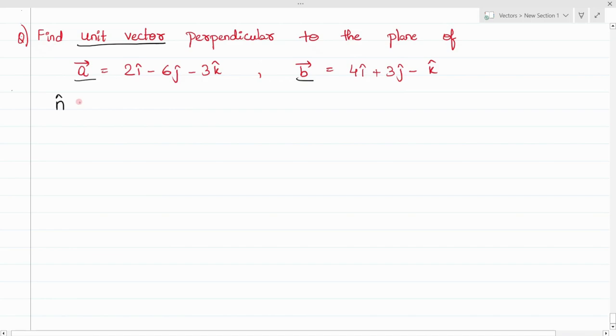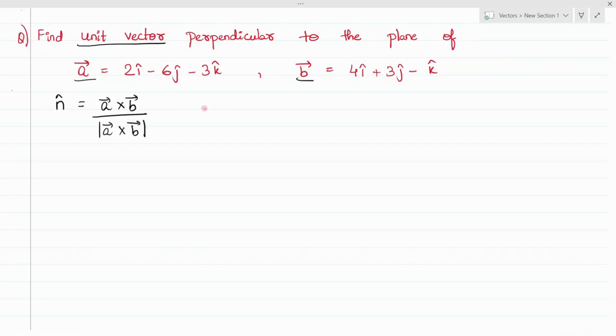From the formula, we can write the unit vector, that is n cap, as A cross B divided by magnitude of A cross B. To find the A cross B in Cartesian form, we have discussed, that is I cap, J cap, K cap, and coordinates of vector A, that is 2, minus 6 and minus 3, coordinates of vector B, that is 4, plus 3 and minus 1.